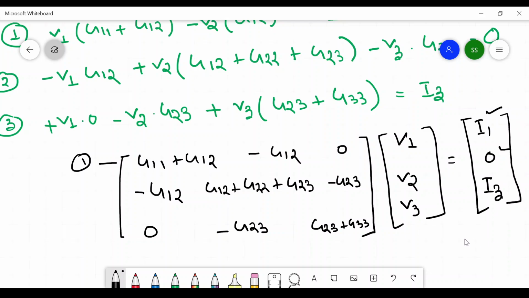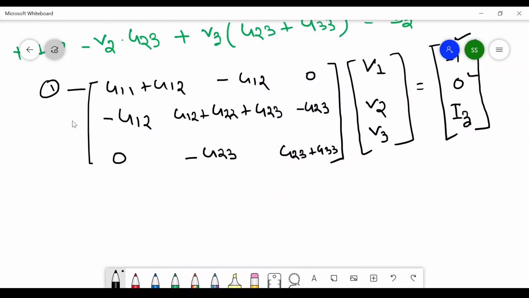Okay, so you can say this is the matrix form, how the nodal analysis is giving a certain pattern in nodal equations. Here, an important point we need to understand is that in the right hand side of this equation, what we are getting is the current which is being fed or pushed into the node.